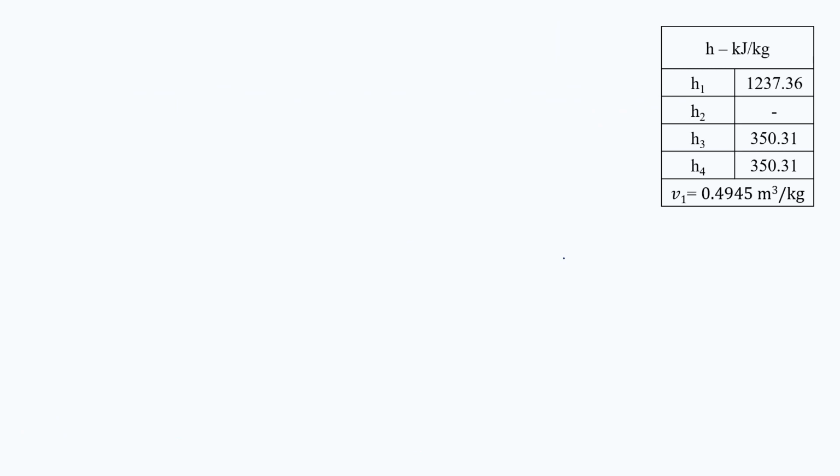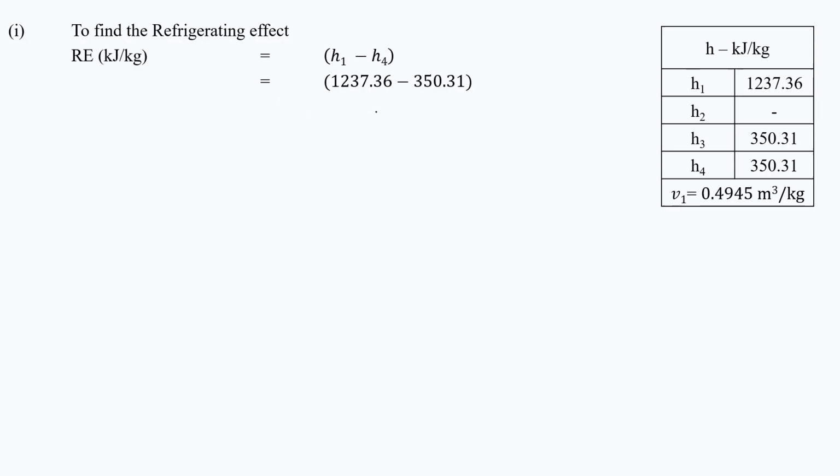Now we can find the refrigerating effect, which is nothing but H1 minus H4. We have the values of enthalpies 1 and 4, being 1237 and 350, so we get our refrigerating effect as 887 kilojoules per kilogram. Since the work done is also given in kilojoules per kilogram, we can calculate the COP without knowing the mass flow rate.